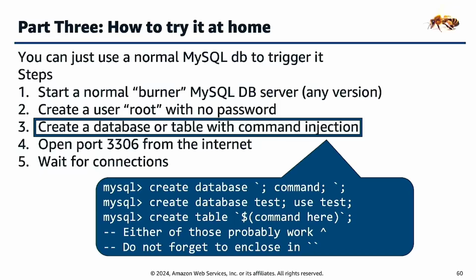You can also do this $ sign in command. This is bash, right, on Linux. So probably either of those works. Since the DEF CON presentation, I never touched that. I don't know if this has been fixed or not. But the mysqldump CVE was actually fixed.